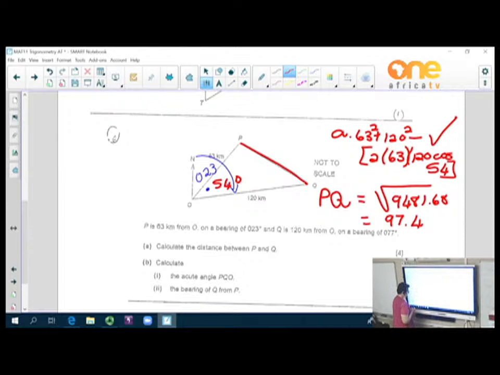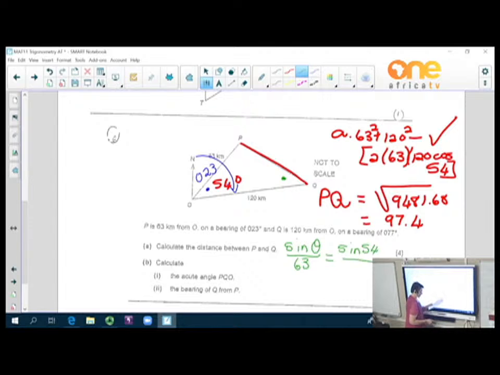Now we have to calculate the acute angle PQO, which is this angle that we want to find now there. Now I can use the sine rule because I have opposite sides and opposite angles here. So we can say that sine Q over 63 is equal to sine 54 over, and now we're using that side.